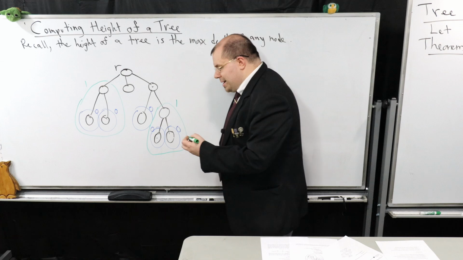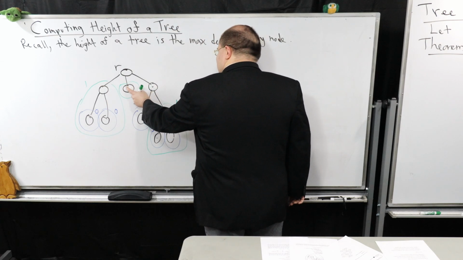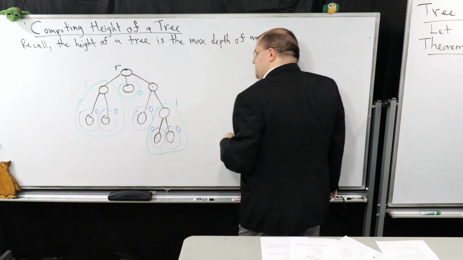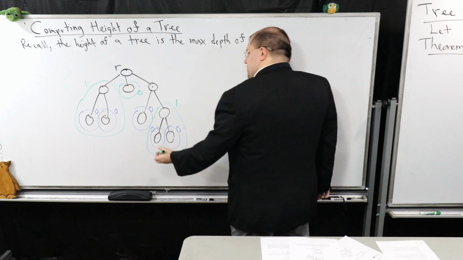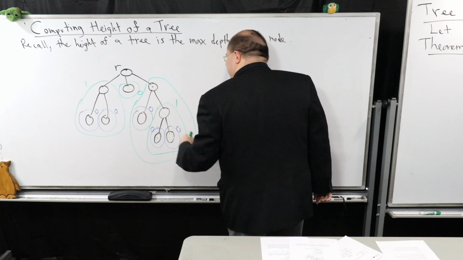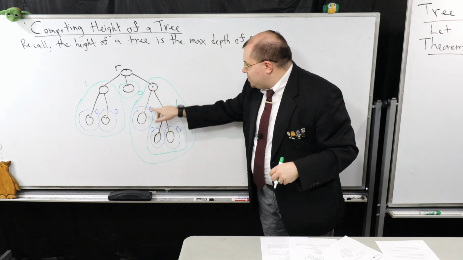So let's consider another one. So for example, this subtree, the one that's rooted at this node, this one's height is of course 0. But let's look at this one directly to its right, this bigger one. Can somebody tell me what is the height of this tree?